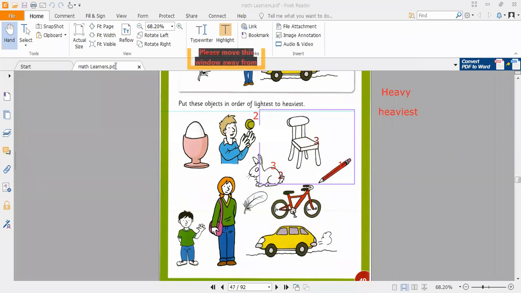Okay, now we are going to make our third group. We are going to divide the things into a third group. Here, a boy, a woman, and a feather.